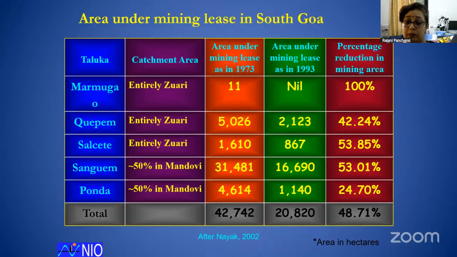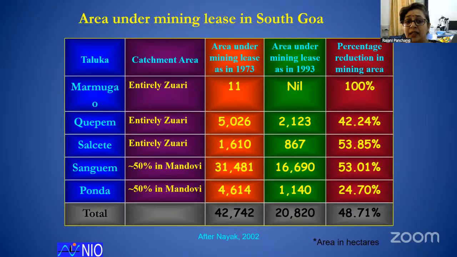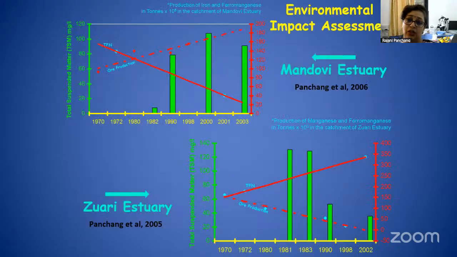So the main problem is, when this started, I was actually looking at foraminifera in the Goan estuaries, Mandovi and other coastal water bodies. When I was looking at that, what I found out is that the total foraminiferal number in the Mandovi estuary, that is the northern estuary, had gone down and the ore production had increased.